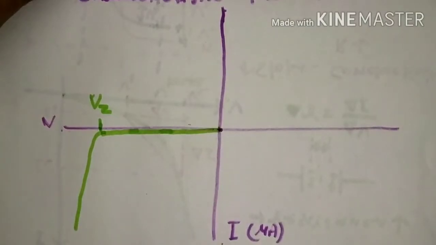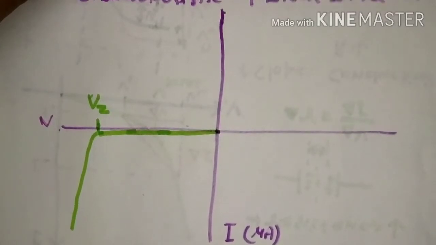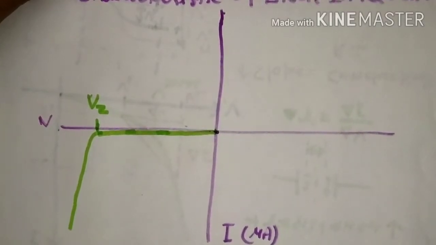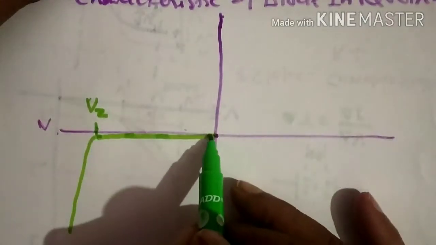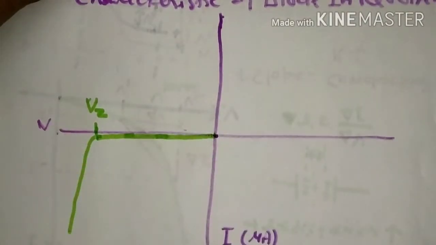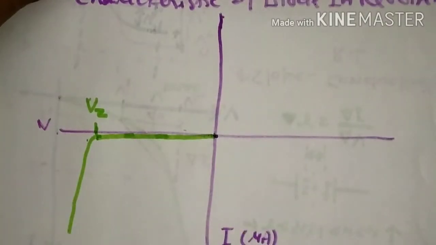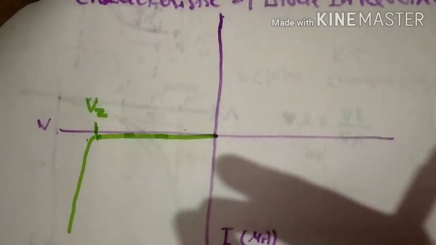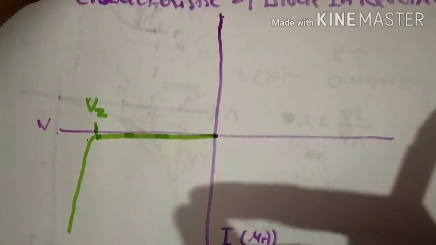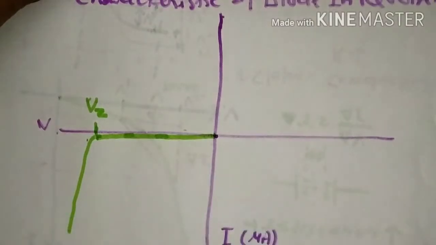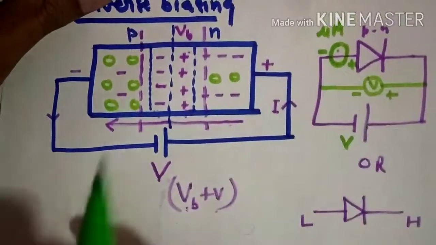Now let's see what happens about the resistance. The very simple observation, just you see, is that before the breakdown there is almost a very small current. So it's very easy to understand that if through any device a very small current is passing even at a high voltage, then the only meaning is that it has a high resistance. You can understand it with the width of the depletion layer as well.